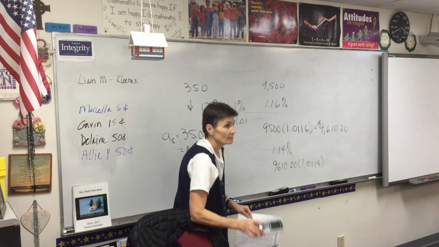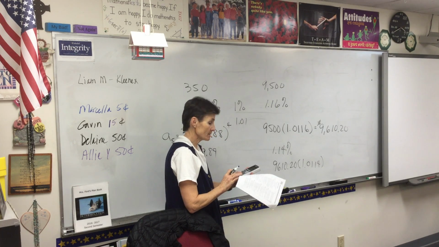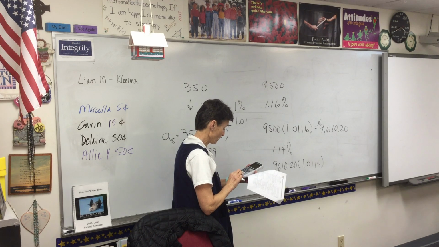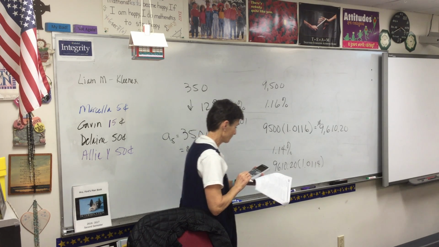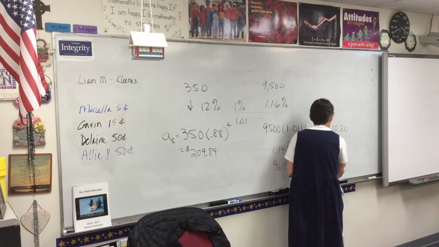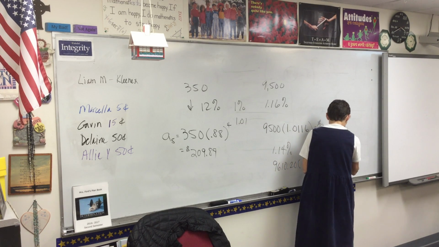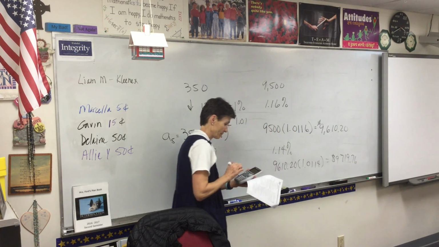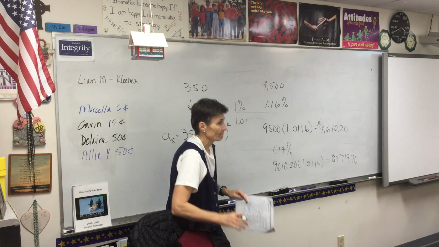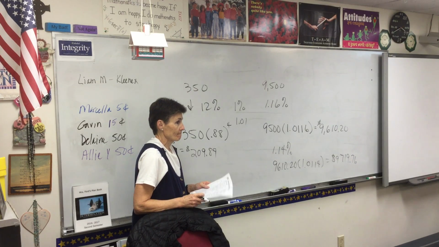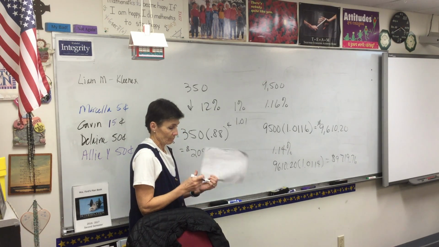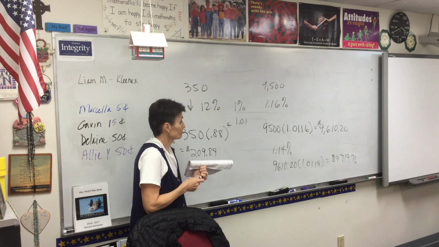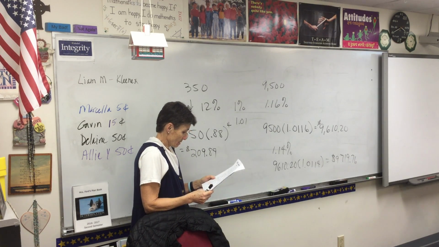Don't make it hard. Use your common sense. So take that answer times 1.0114. So I think we paid $9,719.76. Is that okay? All right, that was 5.